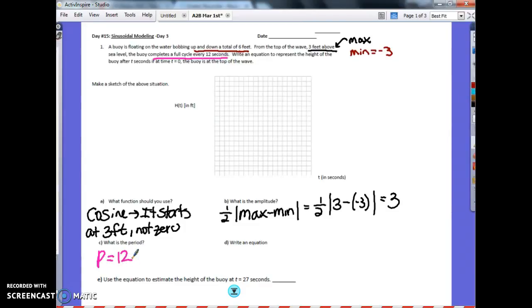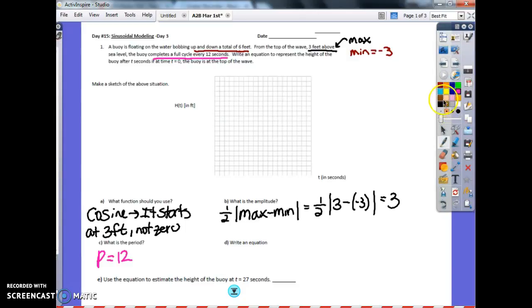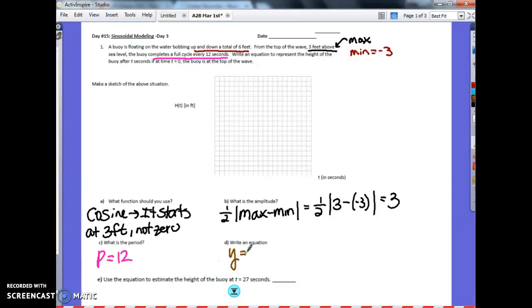And now let's put everything together and write the equation. So we have y equals, our amplitude we said was 3, cosine. Okay, remember, period is not going to go in here. This is going to be my frequency, which we have not calculated yet. All right, so up here, off to the side, let's calculate our b value, frequency. We know the period of the graph is involved in finding the frequency.